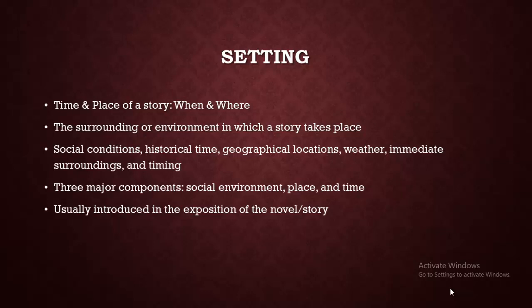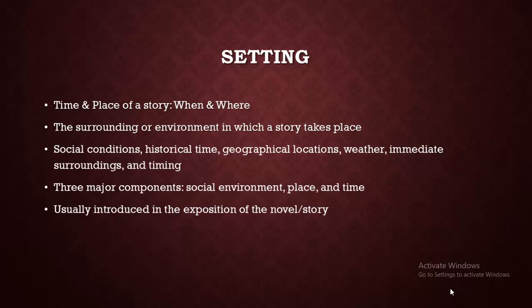The surrounding or the environment may include the social conditions of the story, the historical time of the story, geographical locations, the cities and the places, and weather is also a key element in the setting of a novel.